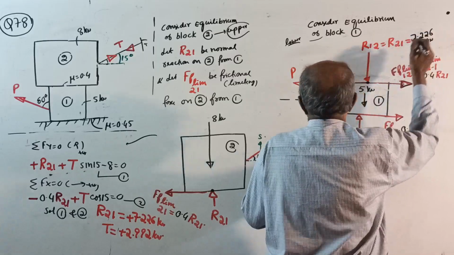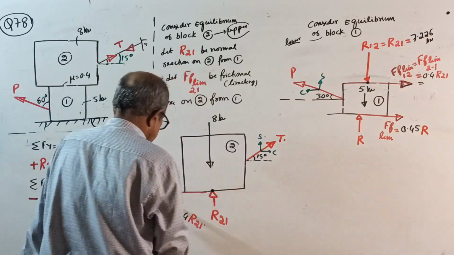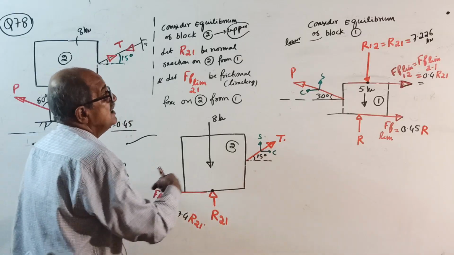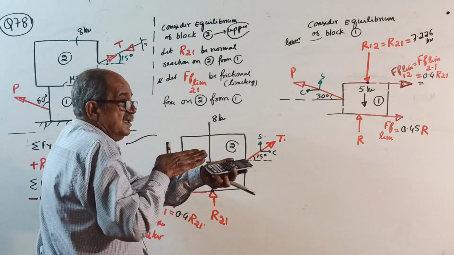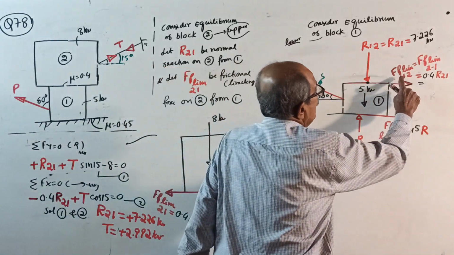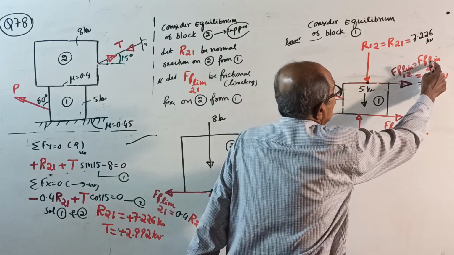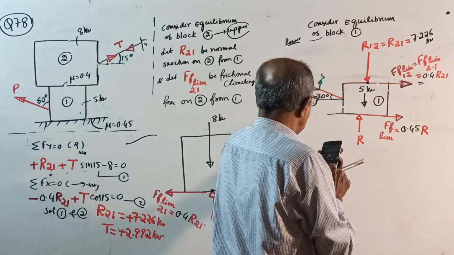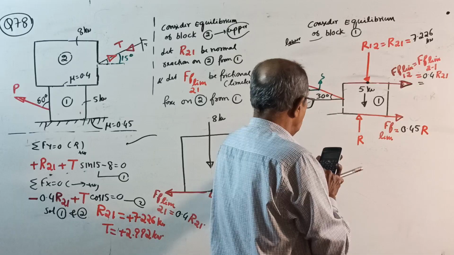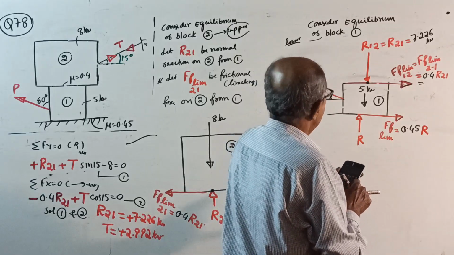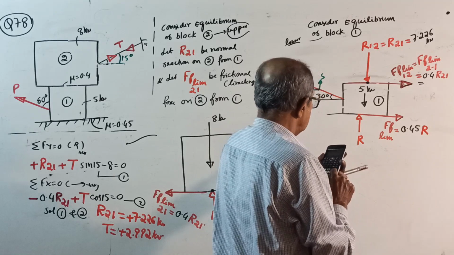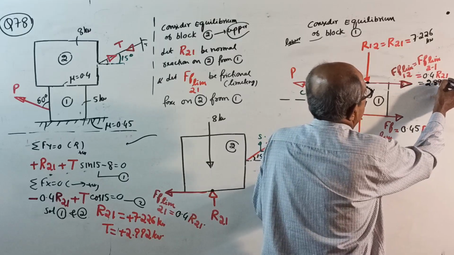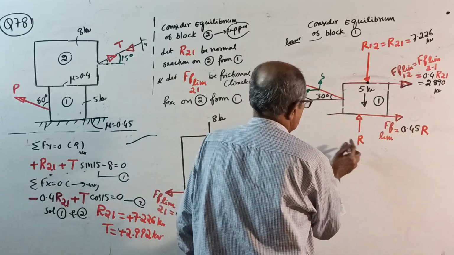And friction for 2 from 1 is 0.4 R21, that is this way, opposite here. Friction for 1 from 2 is the same as friction for 2 from 1, 0.4 times R21, where R21 is 7.226, which gives 2.890 kilonewton. Okay, now over question.